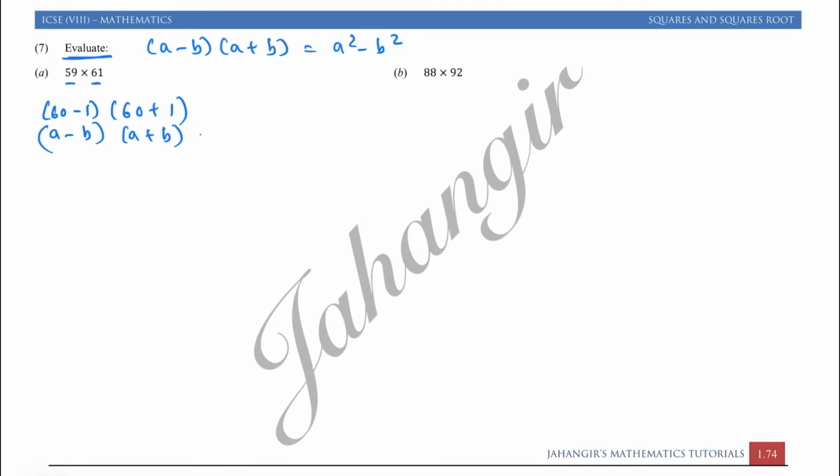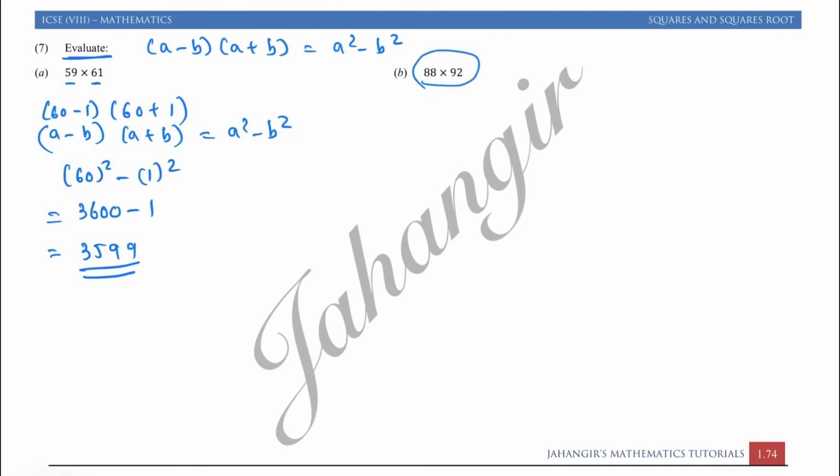So that can be written as a square minus b square. So I can write 60 square minus 1 square. So that is 3600 minus 1, 3599. Use identity. Here you don't have to multiply directly because in exam they will give evaluate using identities.